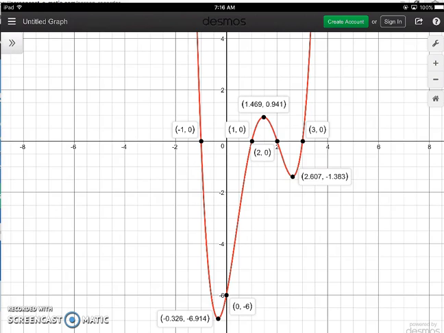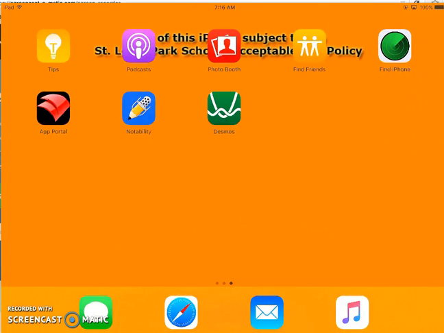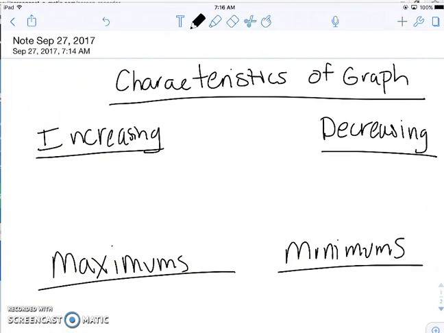So if we wanted to describe where this graph is increasing, it's increasing from this low point of where x is negative 0.326 up to where x is 1.469. So we can go back here and we describe using our x values.